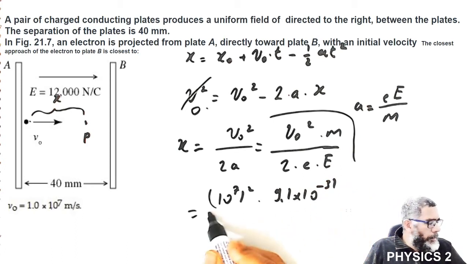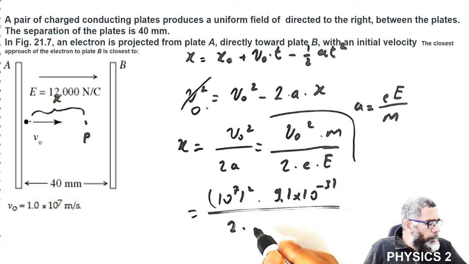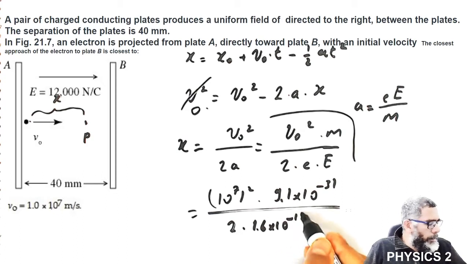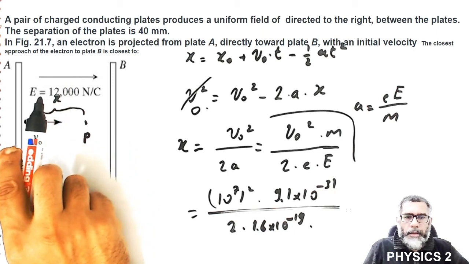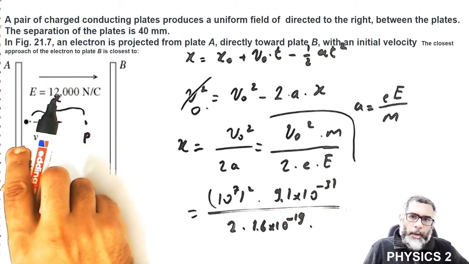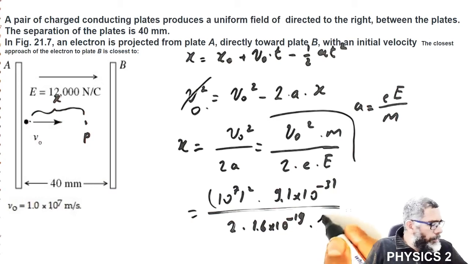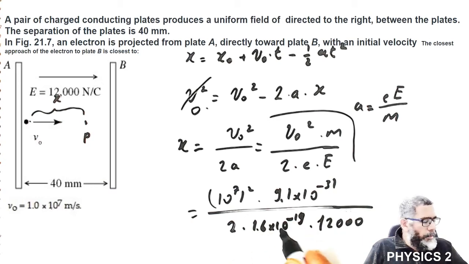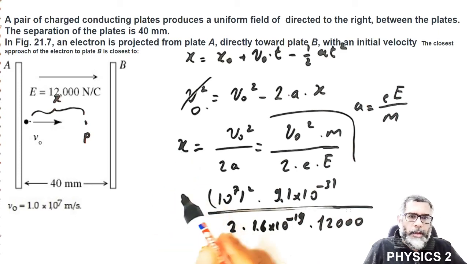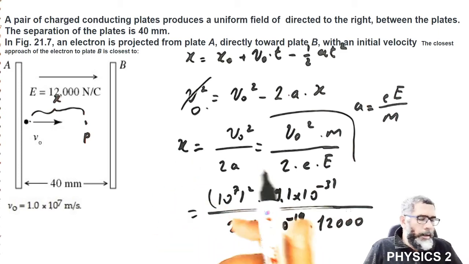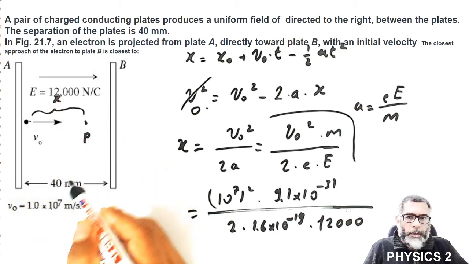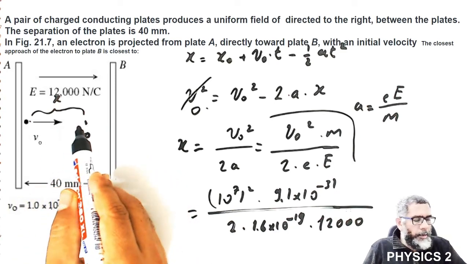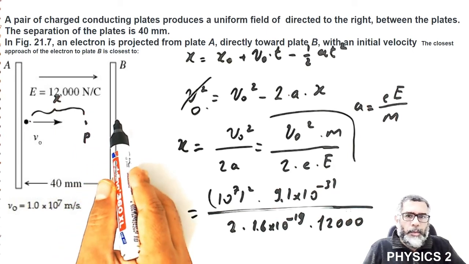This is divided by 2 times 1.6 times 10 to the minus 19 coulomb, multiplied by the magnitude of the electric field, which in SI units is 12,000. Okay, so once you solve this, you find x in units of meters, and then the rest is just subtracting this quantity from 40 millimeters to find the distance of point P to the plate B.